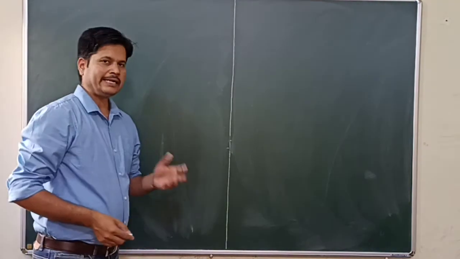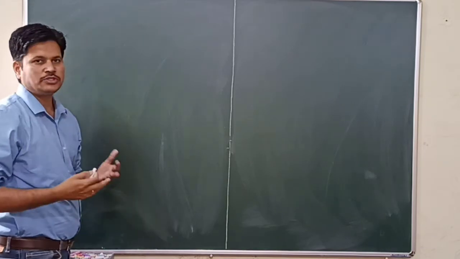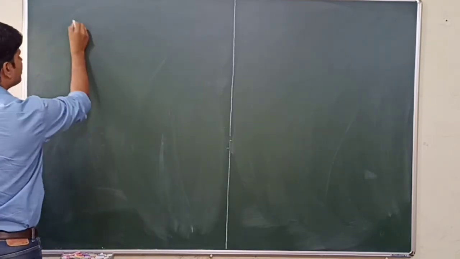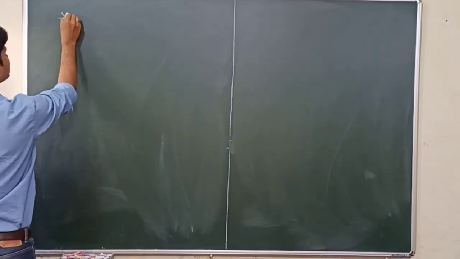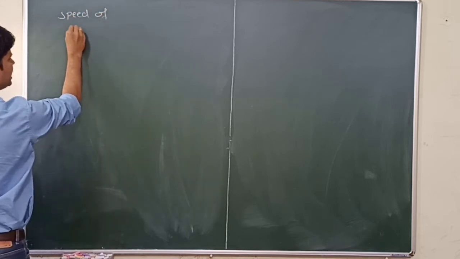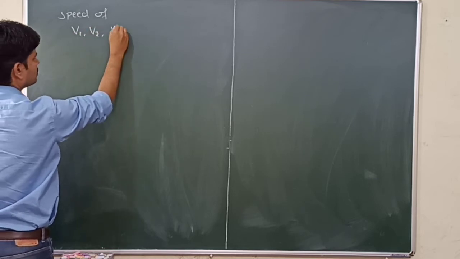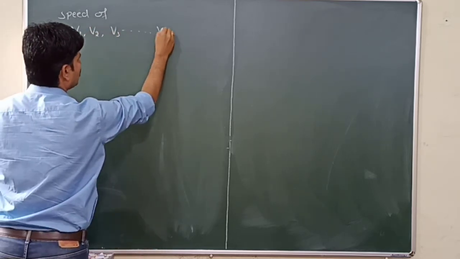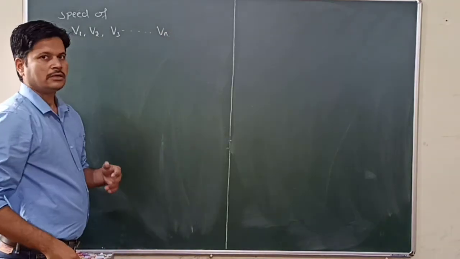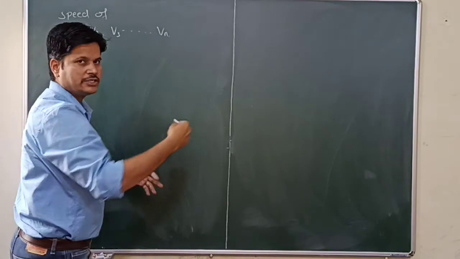Now let us consider a particle or some object traveling with speeds of V1, V2, V3, so on Vn, in different intervals of time.